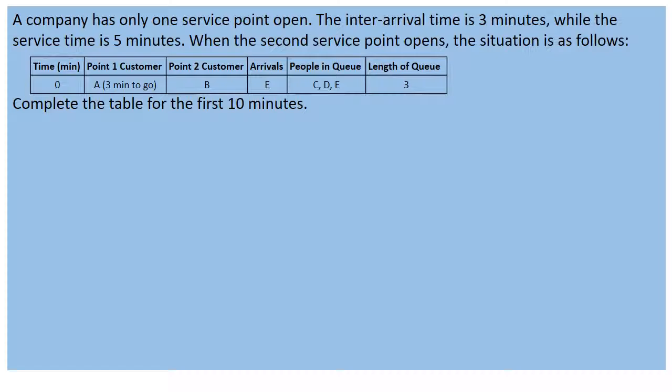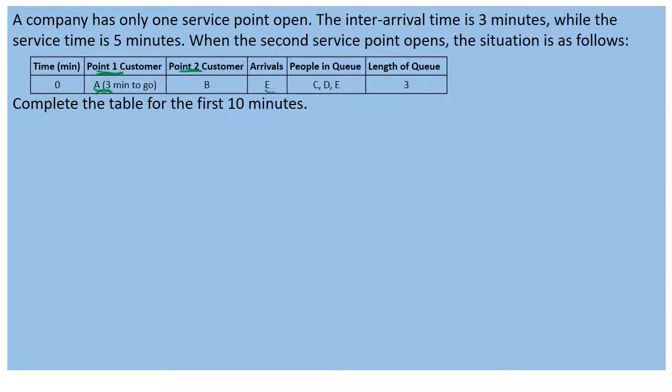The next example is a little bit more complex. We're looking at a customer service table again, but this time we've got 2 service points, point 1 and point 2. We notice that customer A is in the middle of being served, and customer B is yet to be served properly.